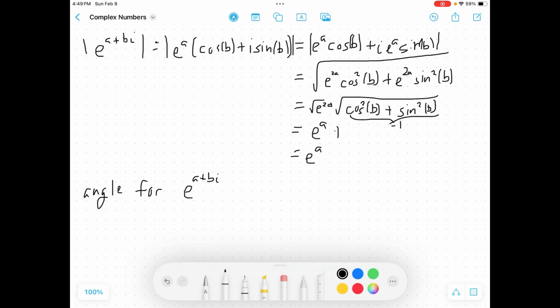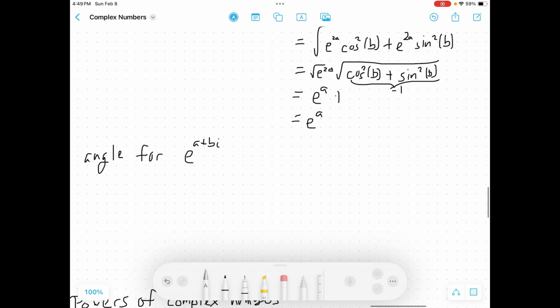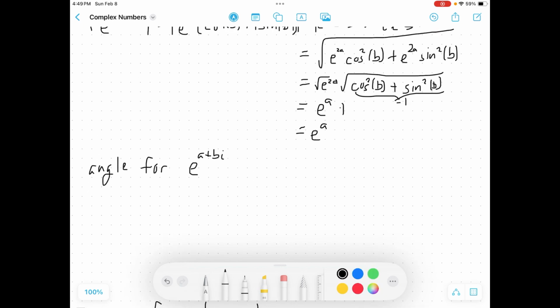For the angle of something that looks like e to the a plus bi, we can see that when we rewrote this in rectangular form, we knew that the tangent of whatever angle we've got is going to be the imaginary part, e to the a sine b, over e to the a cosine b for the real part.